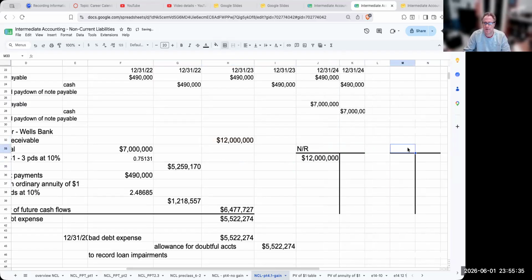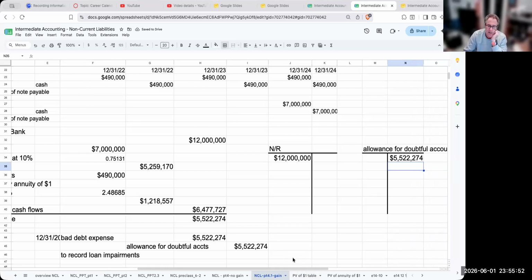And then I'm going to have my allowance for doubtful accounts, a contra asset account, of 5,522,274.